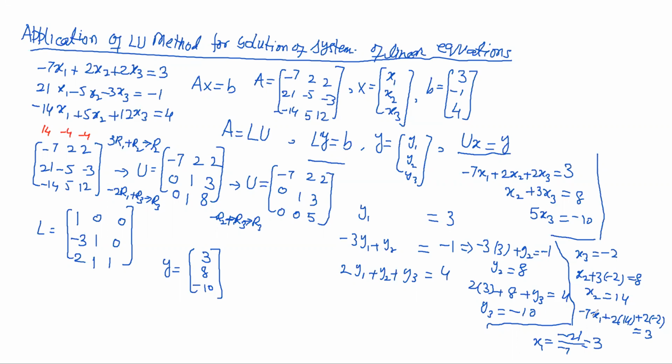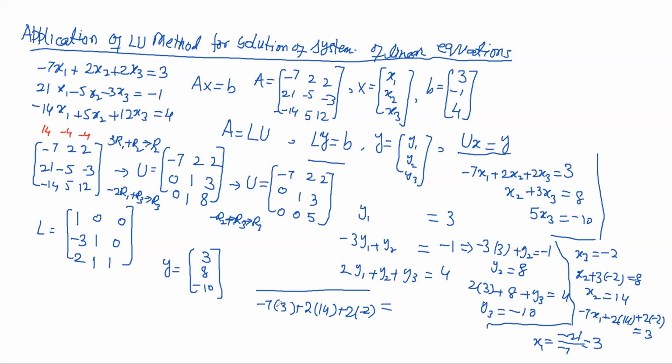Now just verify the solution. So -7 into 3 plus 2 into 14 plus 2 into -2, where x3 is equal to -2.